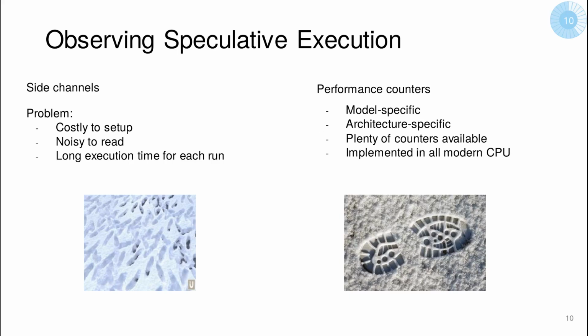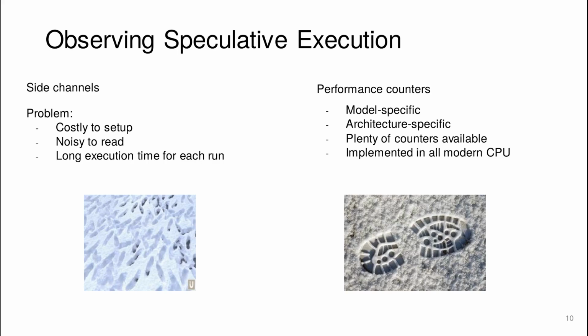And so what we propose is slightly different: to use performance counters. Performance counters are available on most modern CPUs to count or to get timing information for certain microarchitectural events. They're designed and available for developers to profile and optimize any code snippet that executes.